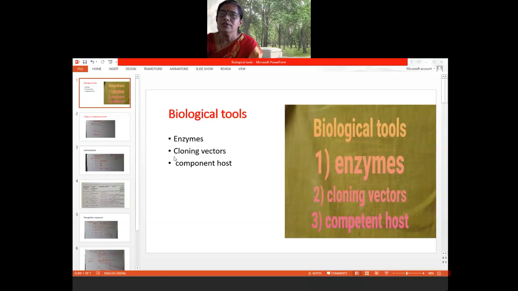Now we are going to discuss the biological tools for recombinant DNA technology, that is, for cutting the DNA, removing the DNA, and recombination of DNA.